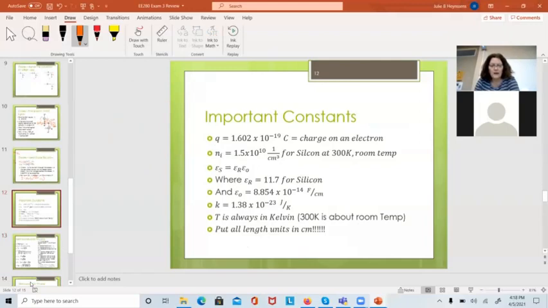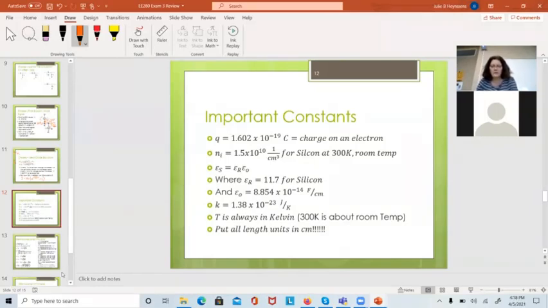These are important constants, and they are on the front page of the exam. I may not have k on there, because what you would use k for would be calculating VT. VT is on the front page of the exam. T is always in Kelvin, and 300 Kelvin is about room temperature, a sloppy ballpark number people always use.